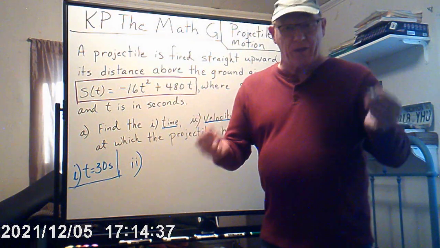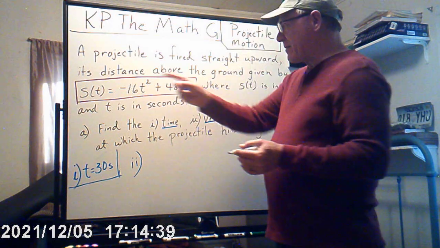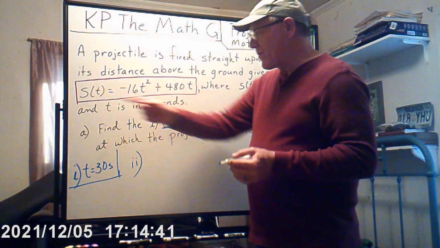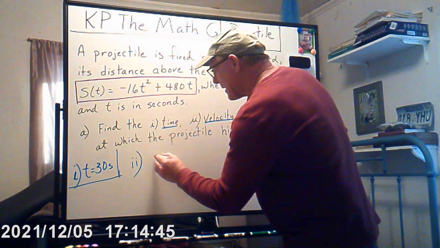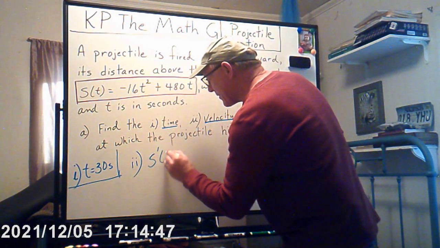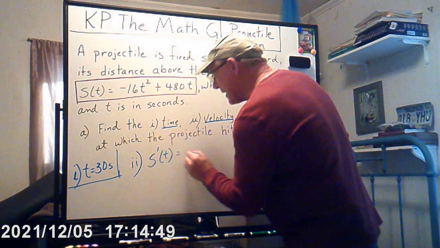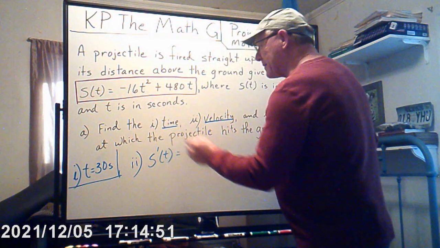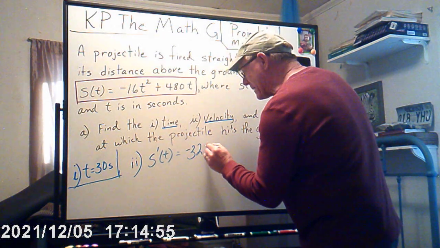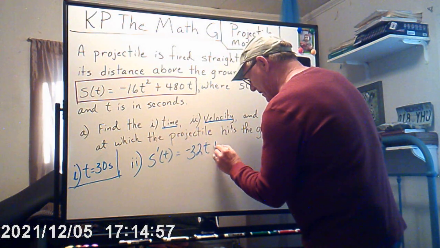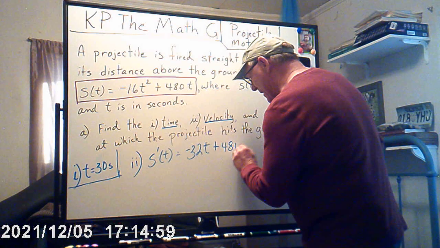Remember how to do the velocity equation? When we take the derivative of the distance equation, we get velocity. So S prime at t is equal to negative 32 t plus 480.